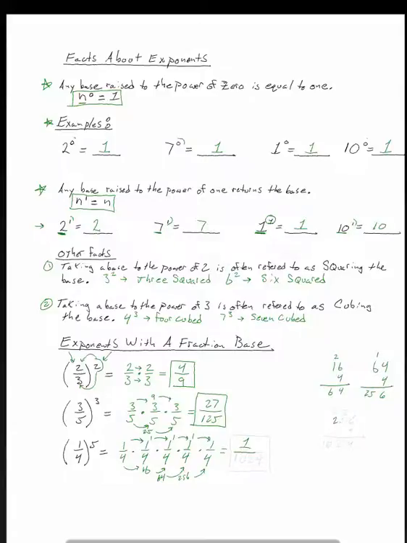So we take 256 times 4. 6 times 4 is 24, so we carry the 2. 5 times 4 is 20, plus 2 is 22, carry the 2. And then 2 times 4 is 8, plus 2 is 10. So we get 1,024. So 1/4 to the power of 5 is 1 over 1,024.